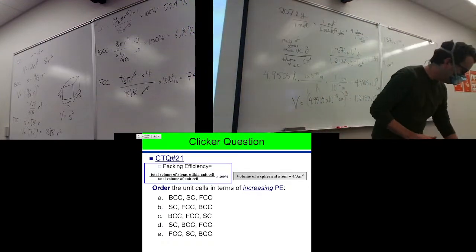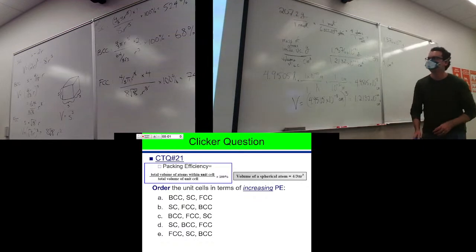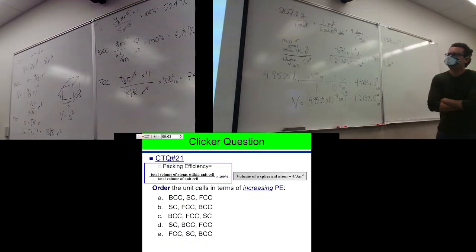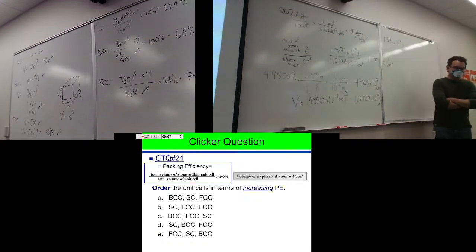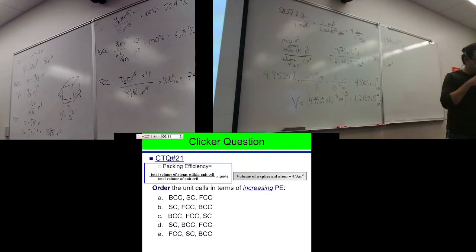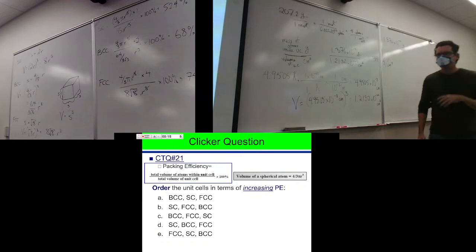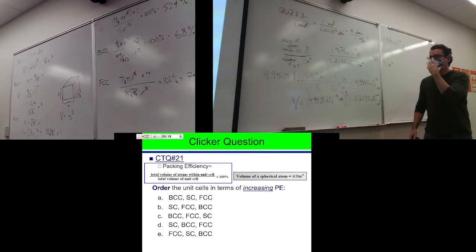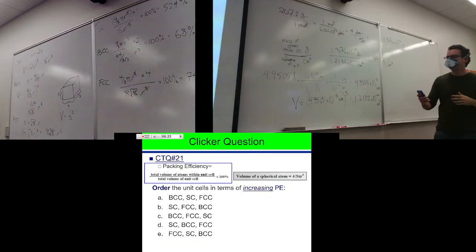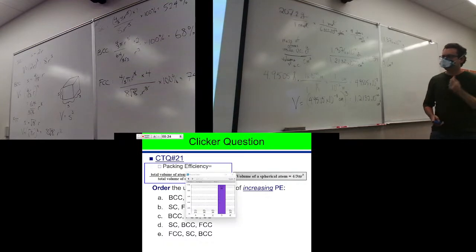So, let's reiterate what we learned. The order of the unit cells in terms of increased packing efficiency. Spot on.